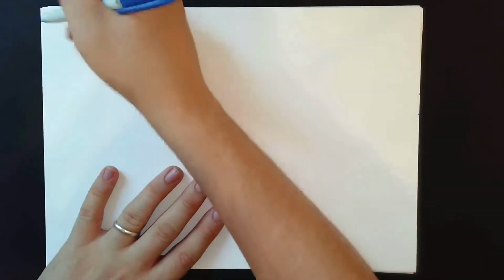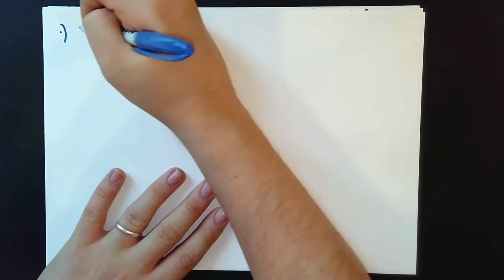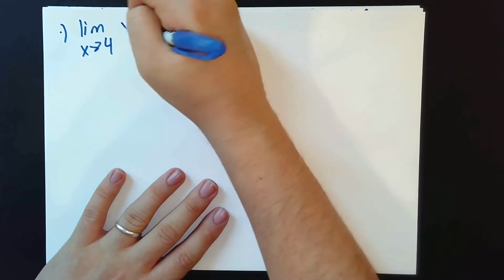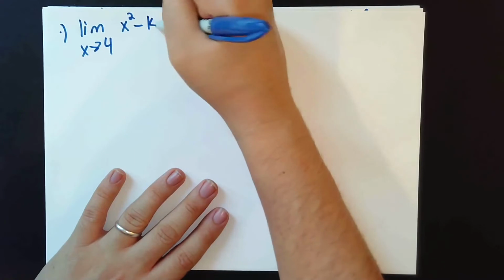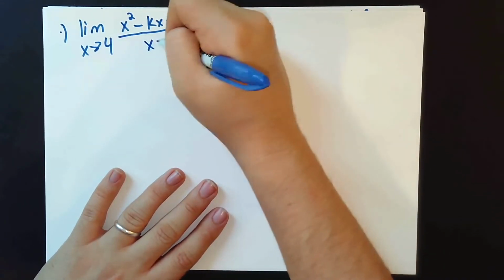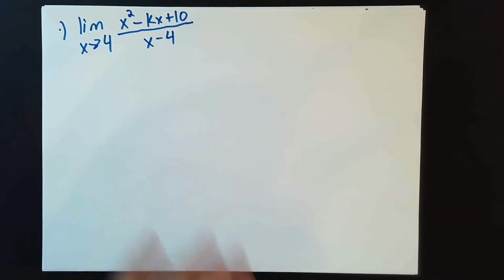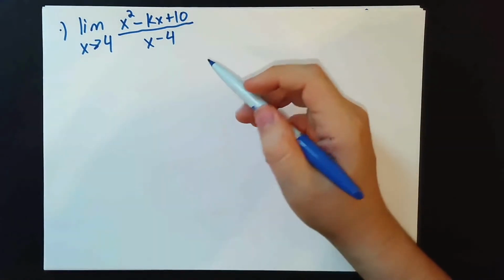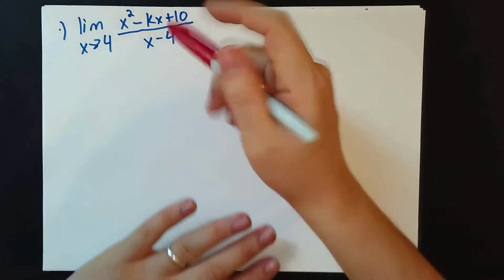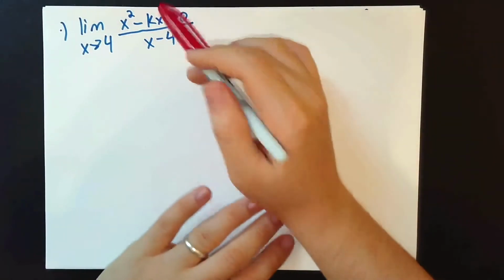I'll do one more like that, just so that we are on the same page. So let's do this time the limit as x goes to 4 of x squared minus kx plus 10 over x minus 4. And again, I need to start by finding the value of k. To be clear, this is the same question as before.